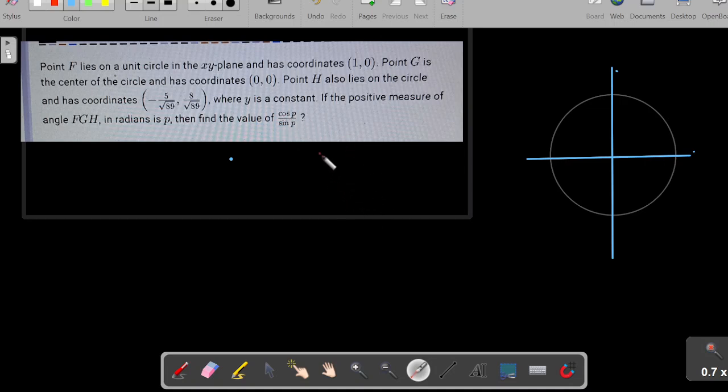Now, the basic concept, if I just simply talk about the concept, nothing else. Understand, in the unit circle, the radius is always 1. Remember, the word unit itself says the radius is 1.